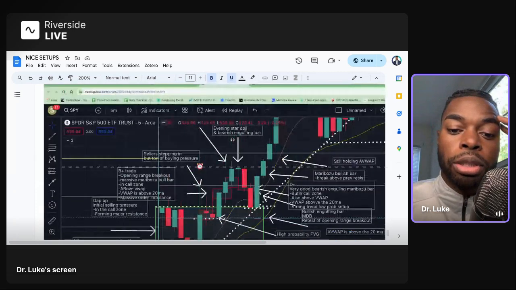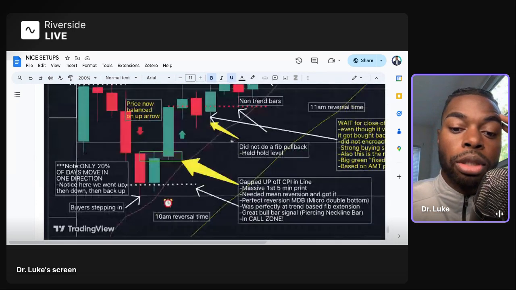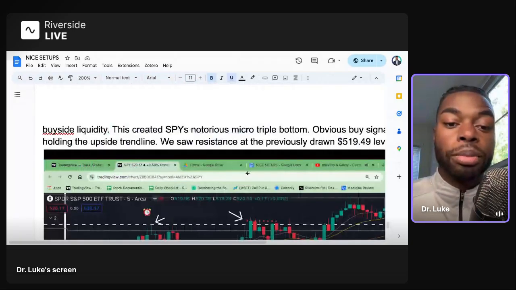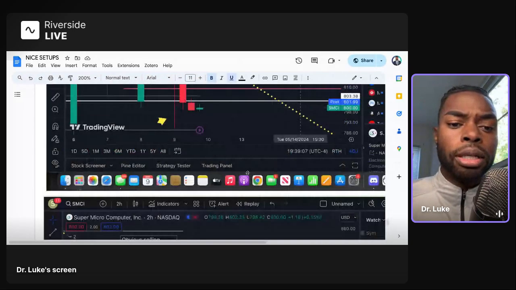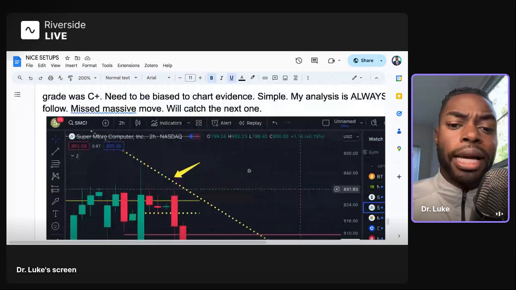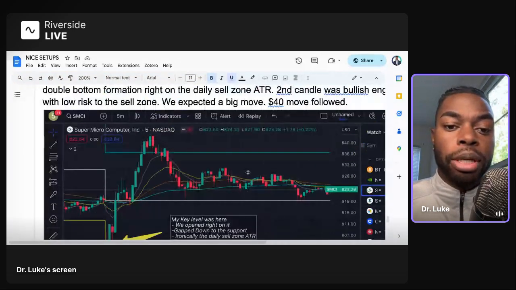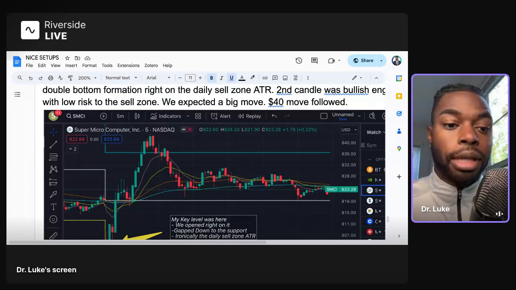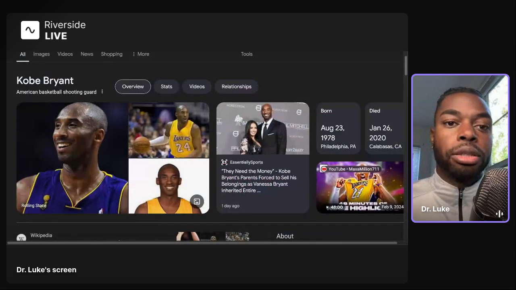I do this almost every day, marking up the charts and recognizing patterns. This helps you with pattern recognition and recognizing plays before they happen. When you do this on a day-to-day basis, you will go absolutely crazy. I wanted to share this before I get into more details about what I just explained.